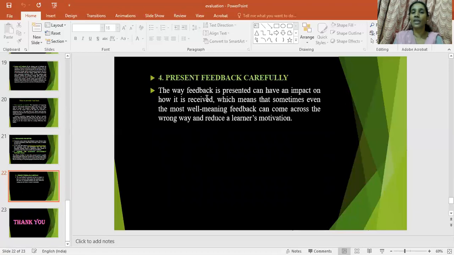The way feedback is presented can have an impact on how it is received, which means that sometimes even the most well-meaning feedback can come across the wrong way and reduce a learner's motivation. So it depends upon you how you are going to interact with the learners, and very carefully you have to give your feedback to the students.